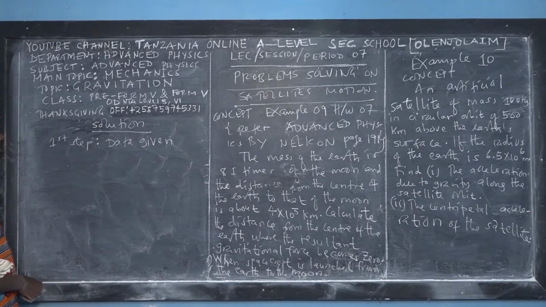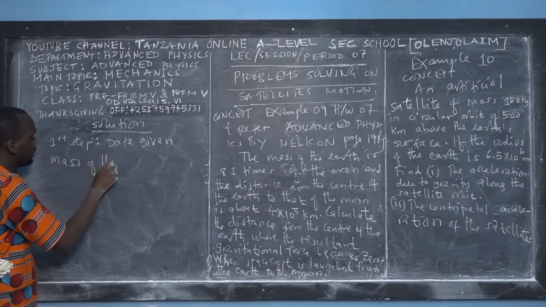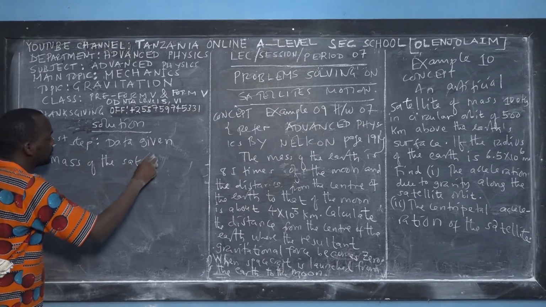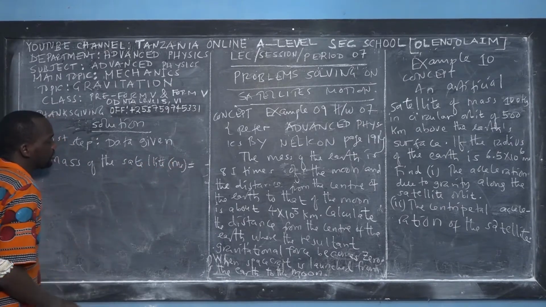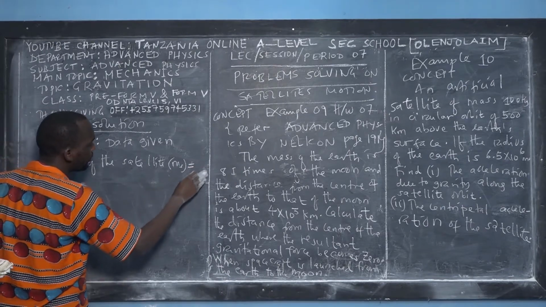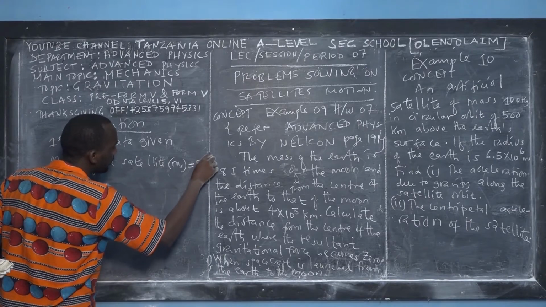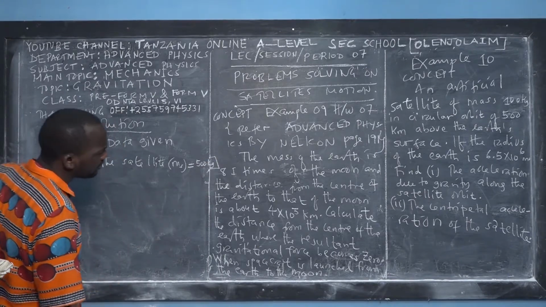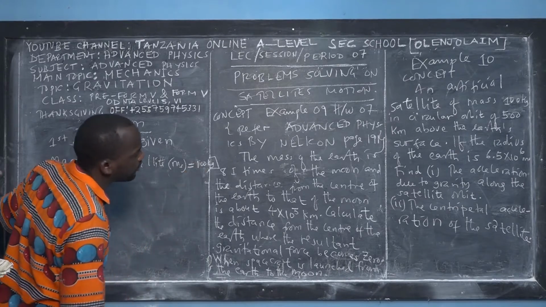The data given is, number 1, the mass of the satellite, let's say ms. This is equal to 100 kilograms.